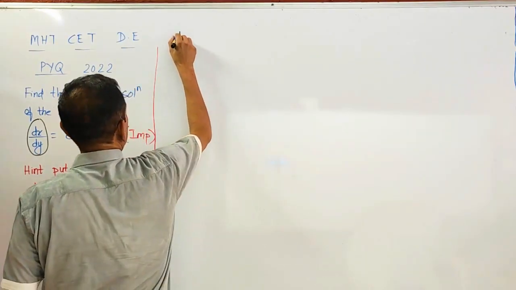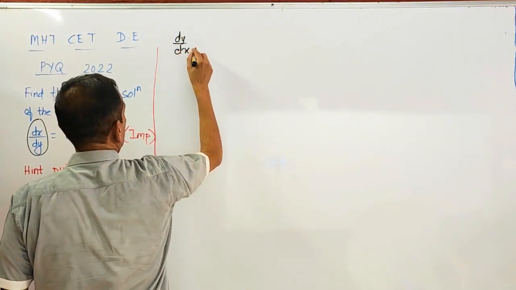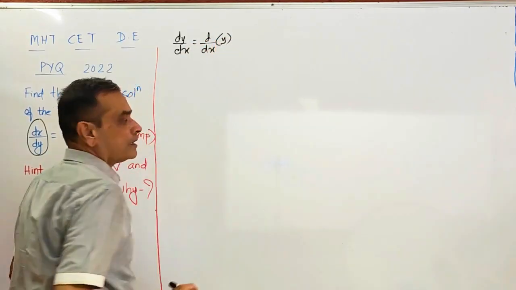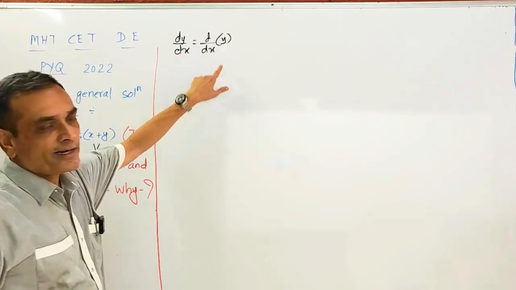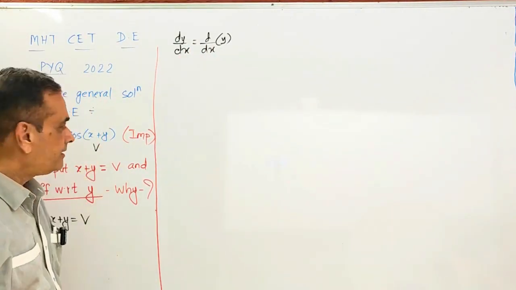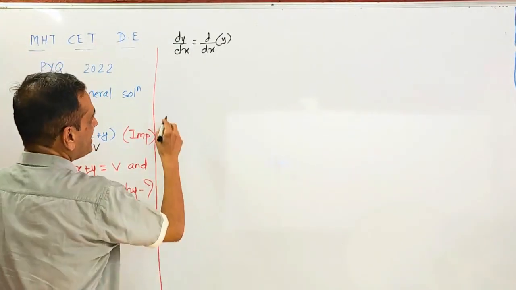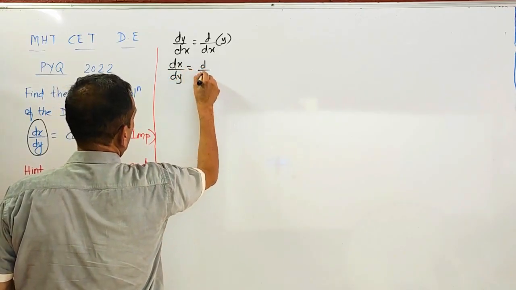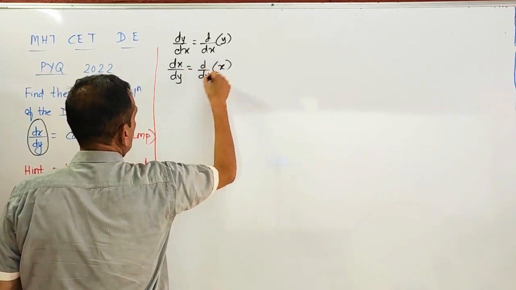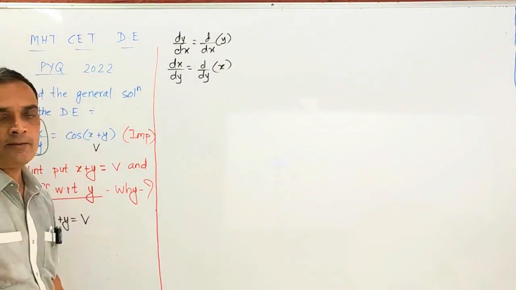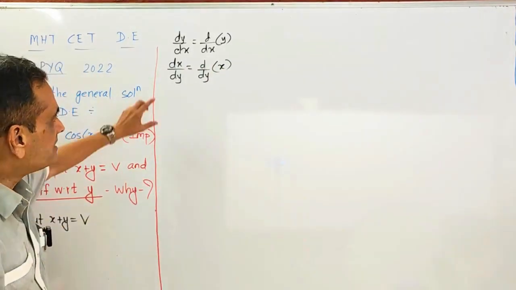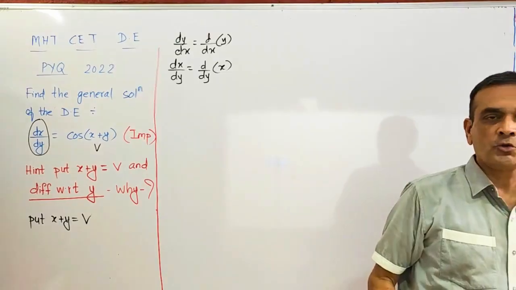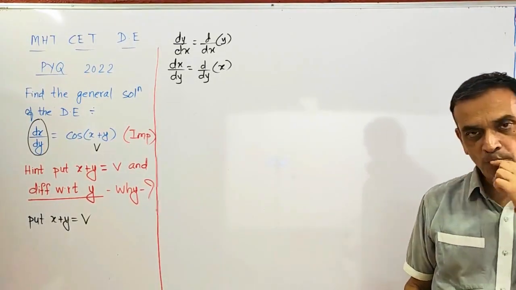The meaning of dy by dx is the derivative of y with respect to x, right? But dx by dy means differentiating x with respect to y, the other way around. This is rarely used, but for this particular sum we have to use this method because it becomes simpler. Followed?